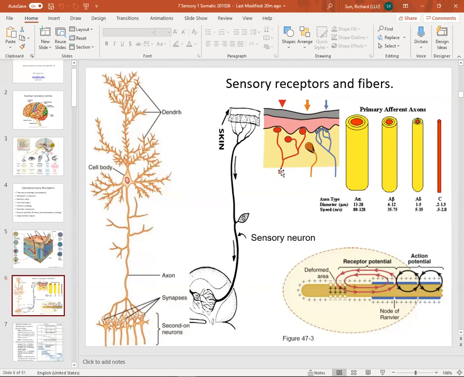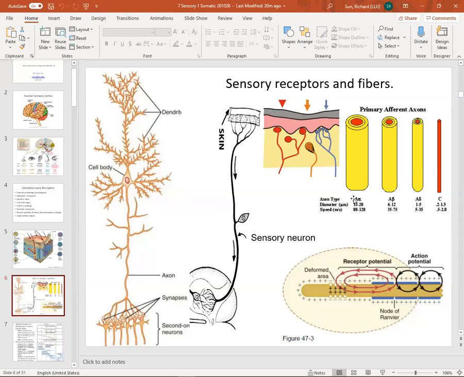If it's coming out, it will be the motor neuron, right? The type of axon can be classified into these four types: A alpha, A beta, A delta, and C. C is the one without myelin. A is the one with myelin. So type A is myelinated axon, and type C is non-myelinated.